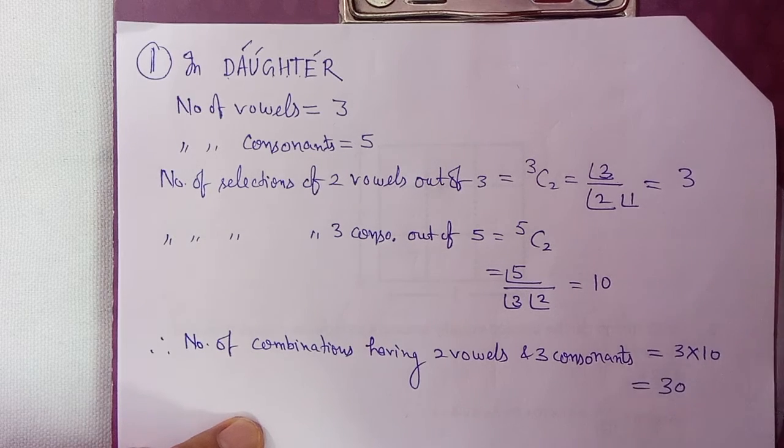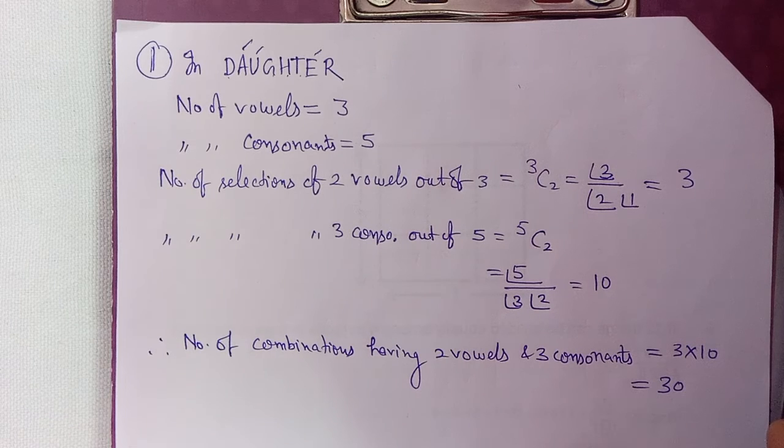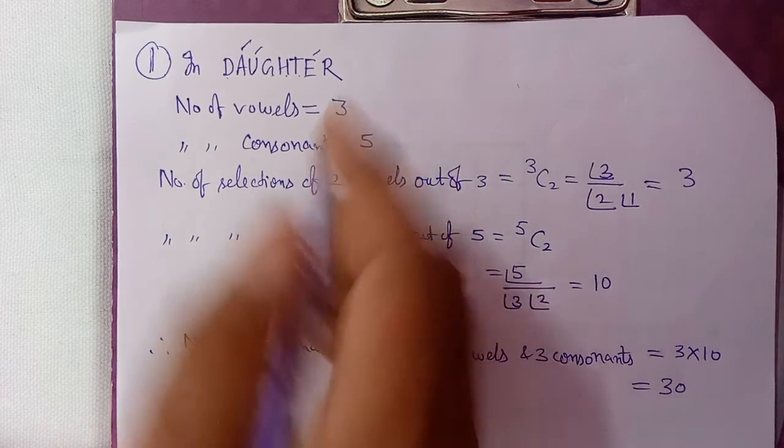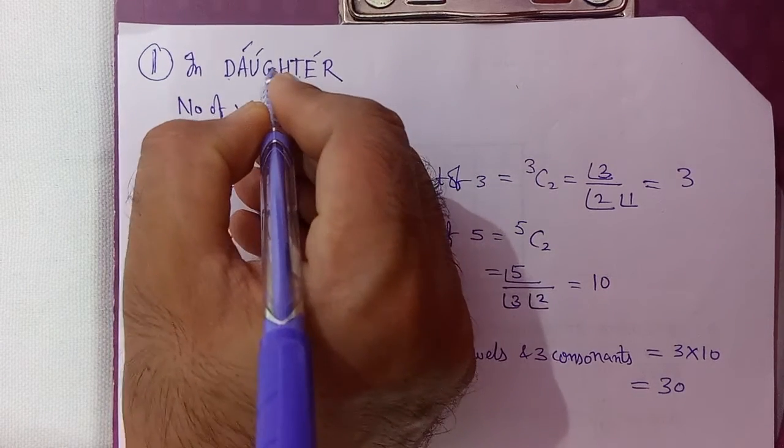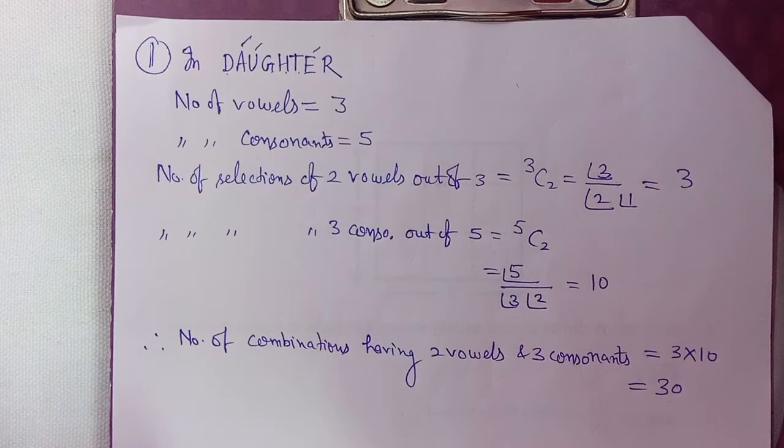It means we have 30 different combinations, and out of these 30, each one has 5 objects, and we are to answer how many words are possible. And in case of formation of words, order is important.